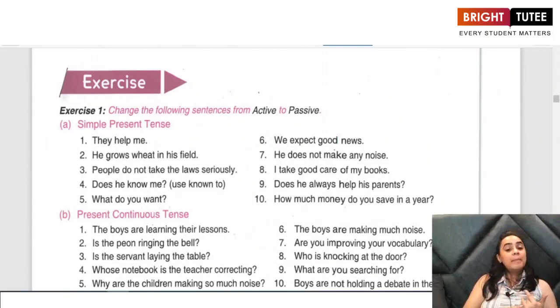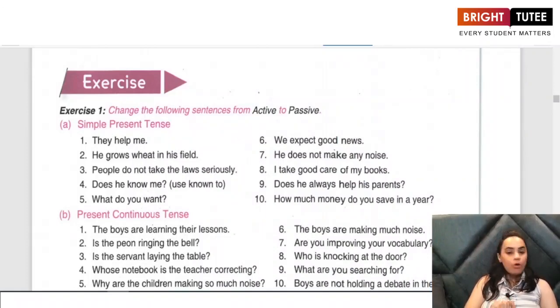How to change imperative sentences from active to passive. Imperative sentences are those in which you give a command to somebody, you order someone, you request someone, you advise someone. If in the active sentence there is an object, then your imperative sentence in the passive will become let plus the object plus be and the third form of the verb.